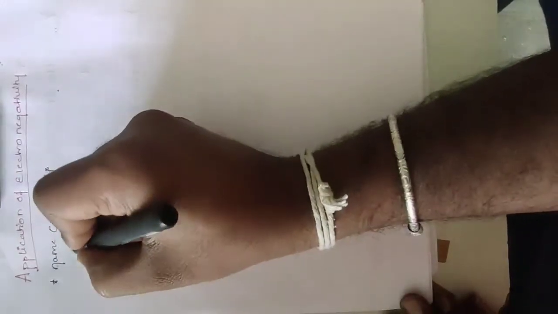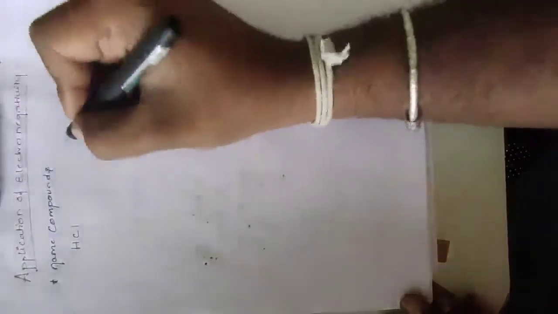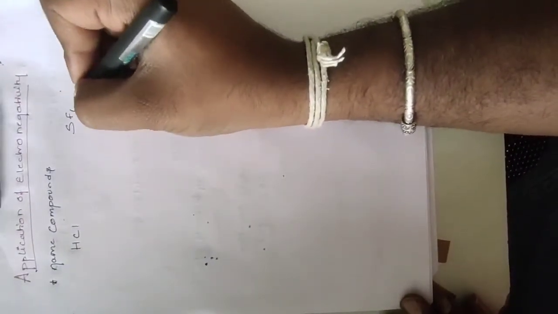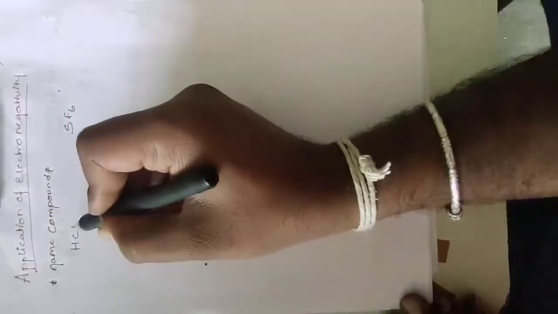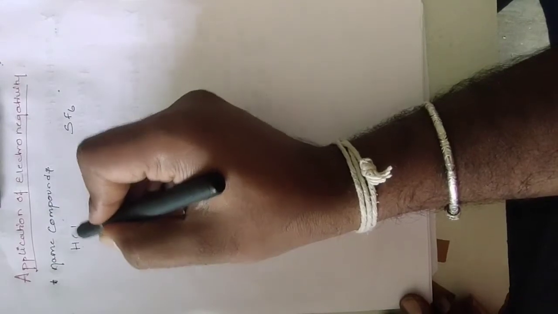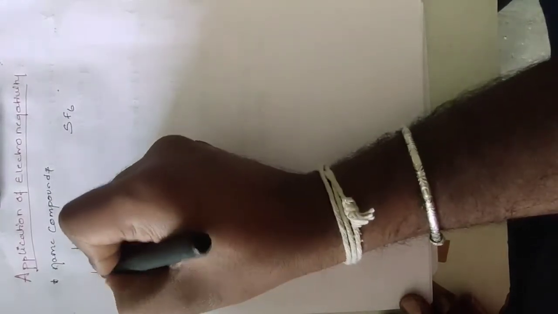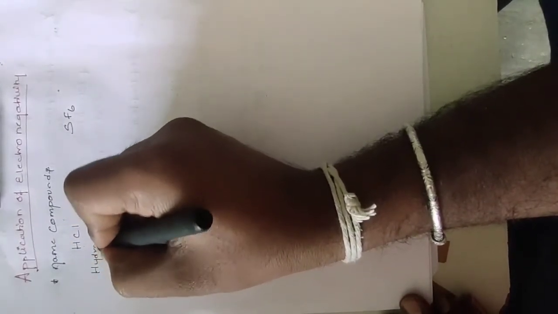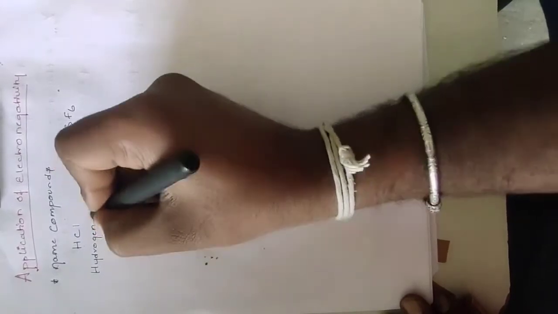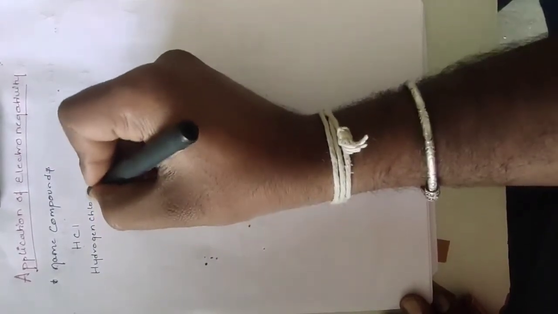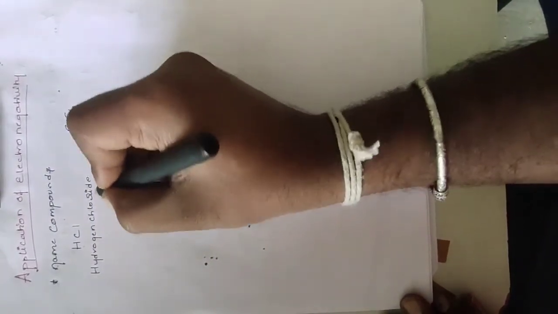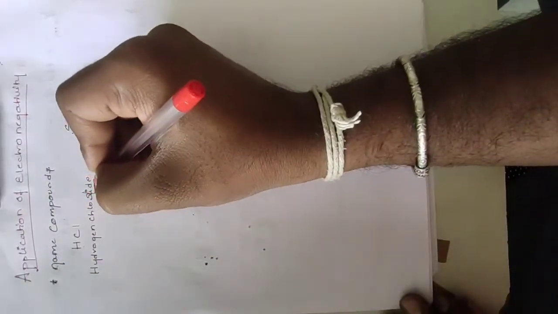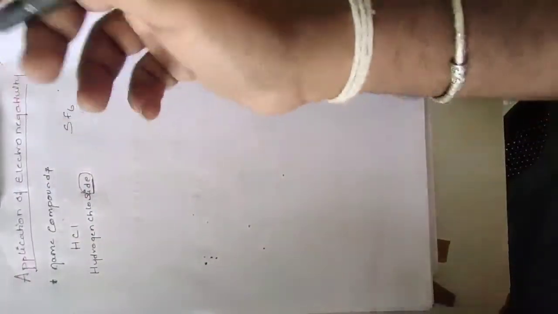We take examples like HCl and SF6. HCl is hydrogen chloride. You see, -ide is the suffix for the element having more electronegativity.